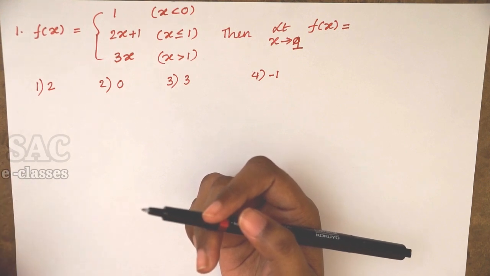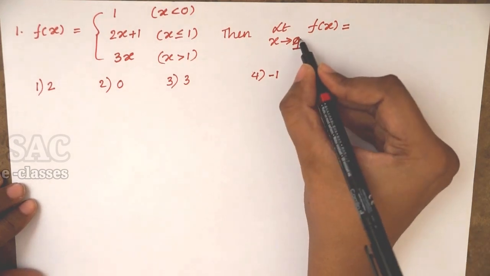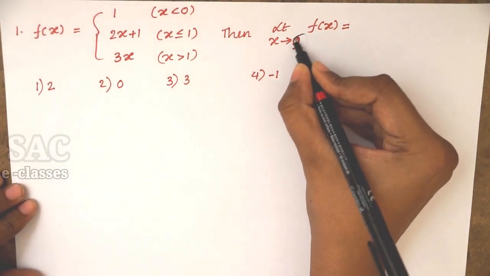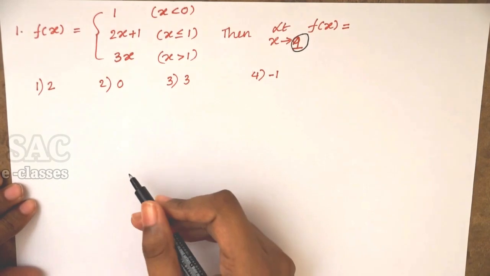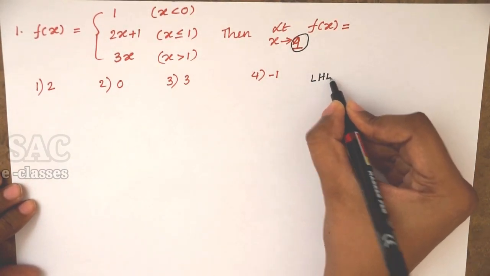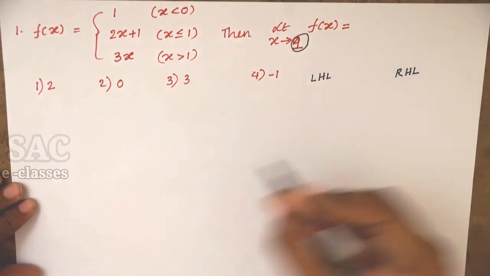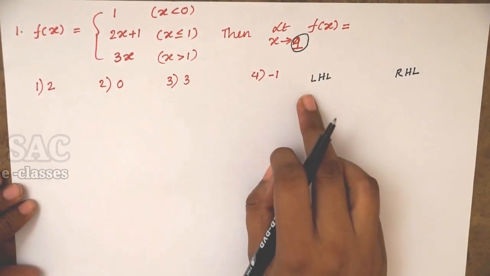First of all, if you want to check the continuity at any particular point, you are supposed to find out the LHL as well as the RHL of the given function. What is meant by LHL?